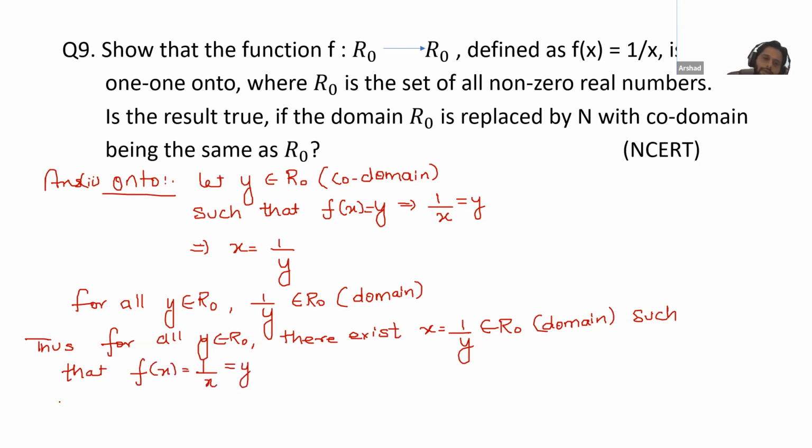Hence, the given function is onto. Okay, so you need to mention the same steps everywhere. Please note this down, and if you have a doubt, then please let me know.